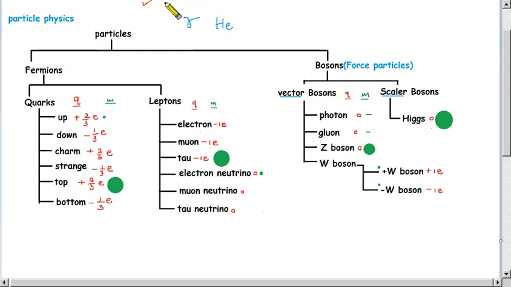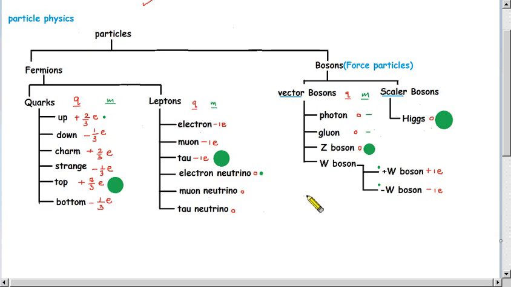All are made of these elementary particles. In protons and neutrons, these particles are there. You have learned up to this level, so now you have to go into these protons and neutrons.